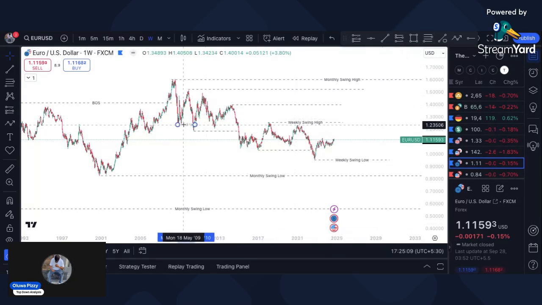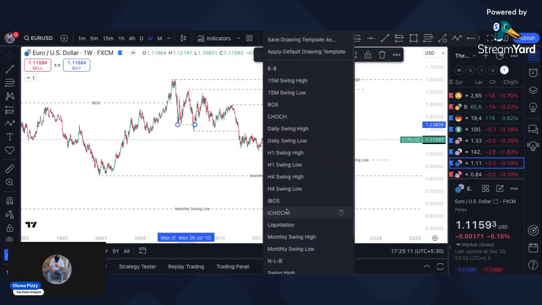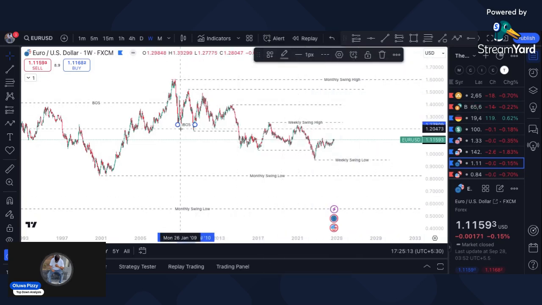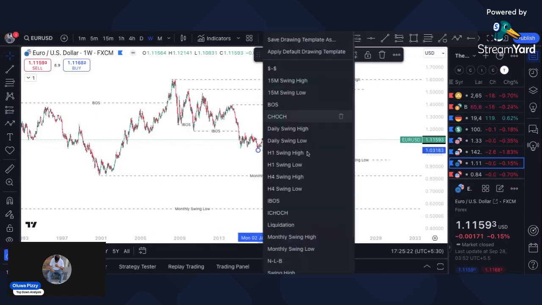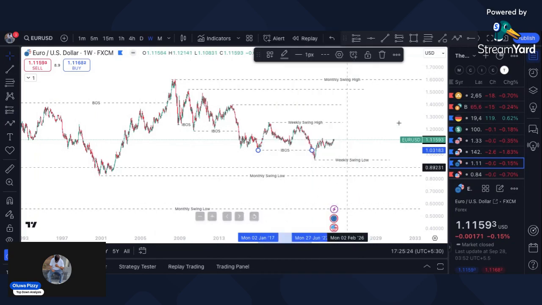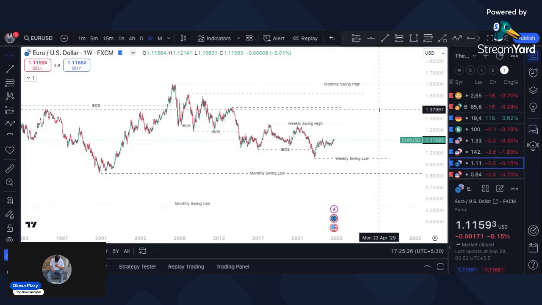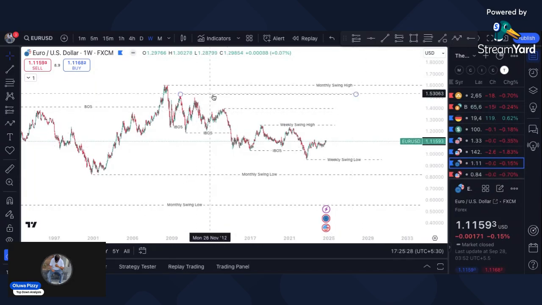So let's just mark this out. Why is this an IDM? Because it's on a lower time frame. Do not forget that. So all these are highs that have not been broken.